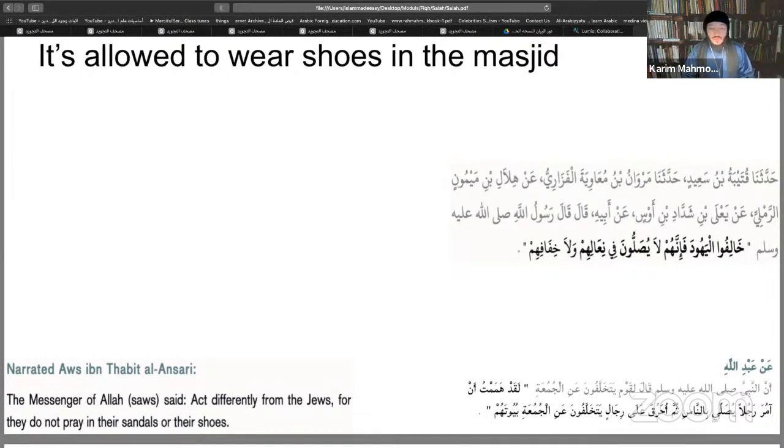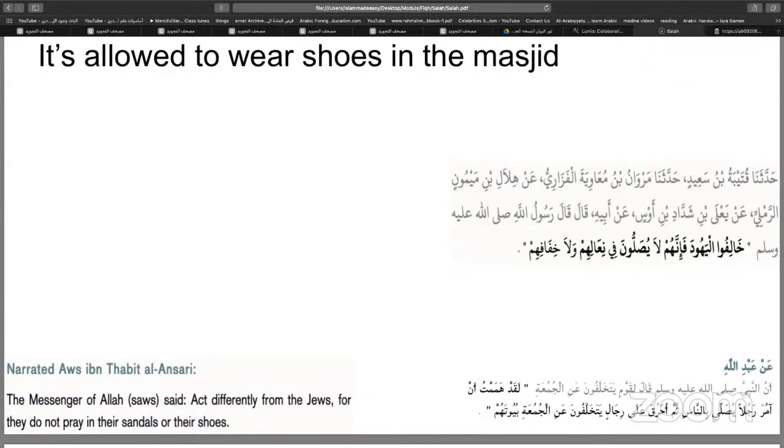So how come this was happening before, but it's not happening now? Yeah, go ahead. Because now our floors are very clean and beautiful, and before it was like the ground outside. Exactly. So they didn't have carpet before.